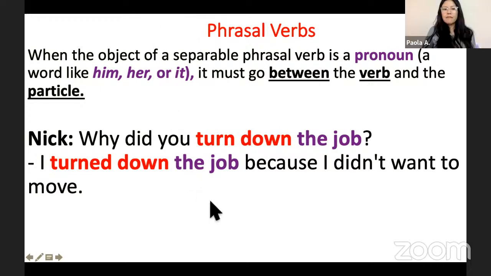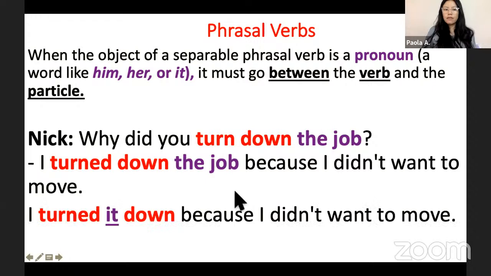Very good. So in this example, I'm just mentioning the job, right? I'm not mentioning a pronoun. I'm just mentioning the name of the thing I'm talking about. But when I'm going to use a pronoun such as him, her, or it, it has to go in the middle, in between the two-part phrasal verb.